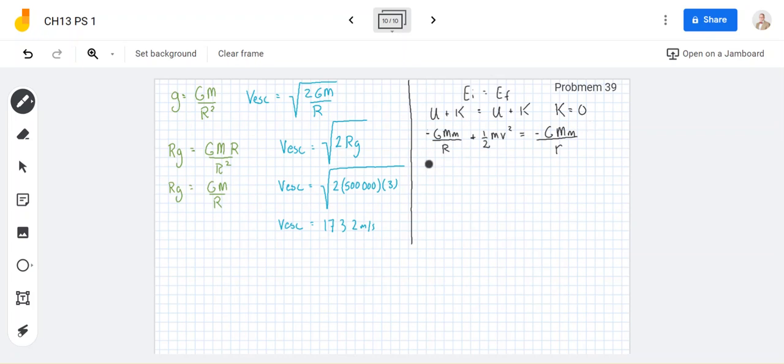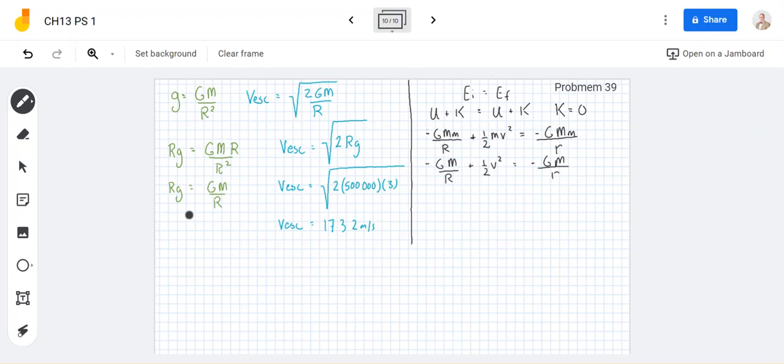So if I cancel out all the little m's, I end up with something interesting here. I end up with negative GM over R plus 1/2 v squared is equal to negative GM over this r, which is your actual distance from the center.